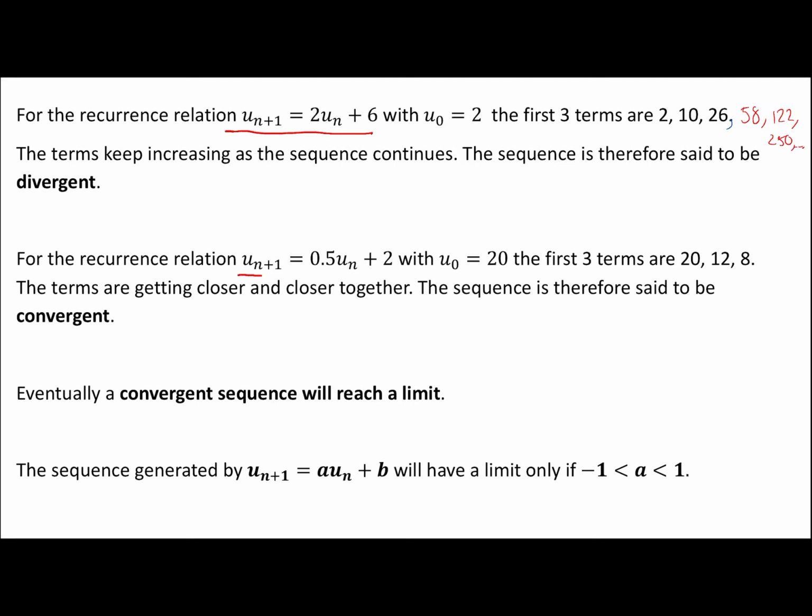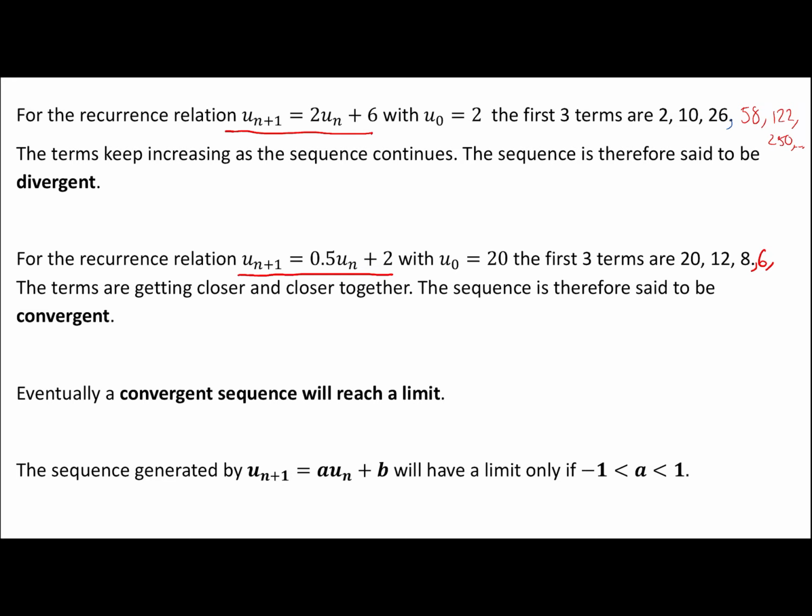If we look at the next recurrence relation here, we've got u_(n+1) = 0.5u_n + 2 with u_0 equal to 20. And if we look at what happens to the terms of this sequence, well, the first three terms are 20, 12, 8. After that, if I generate the next term on my calculator, it's 6.